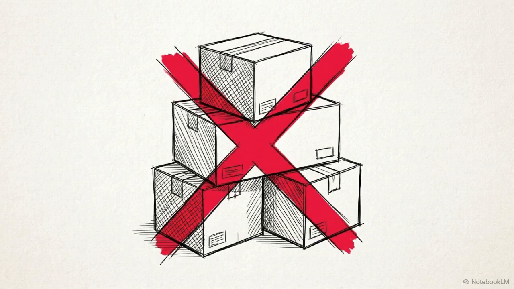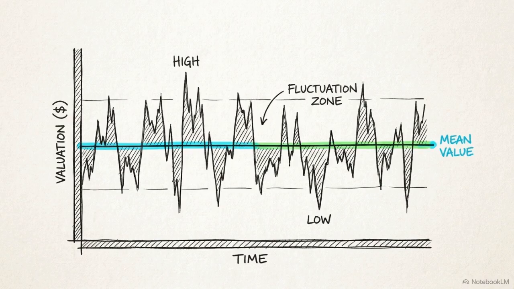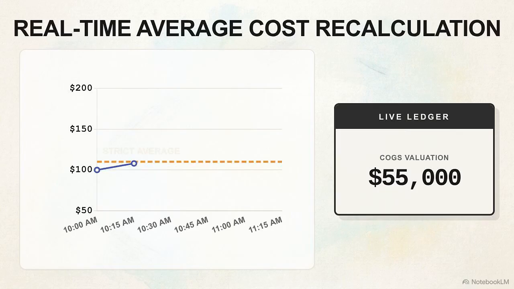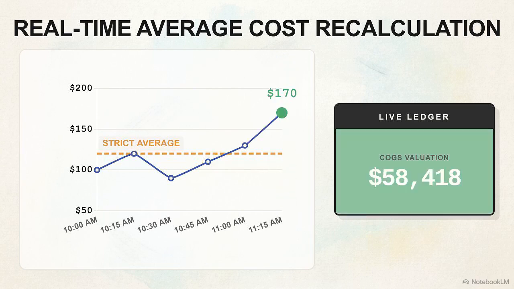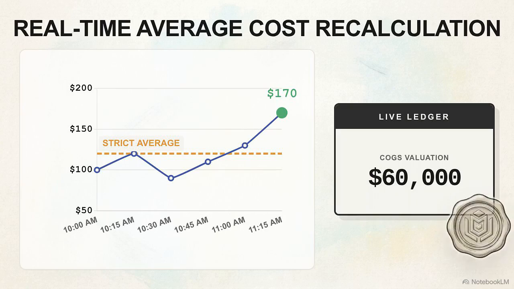The system entirely rejects traditional FIFO or LIFO accounting methods. Instead, it relies on a mandatory automated average cost model. Every time a new item is received or shipped, the system instantly recalculates the inventory valuation and the cost of goods sold based purely on this strict average.